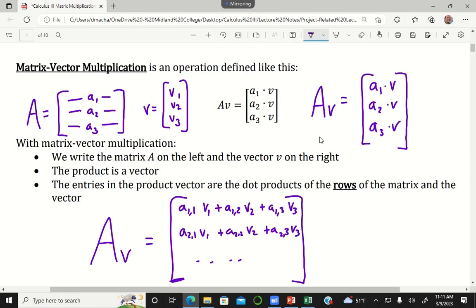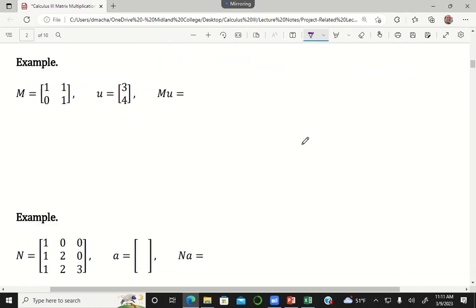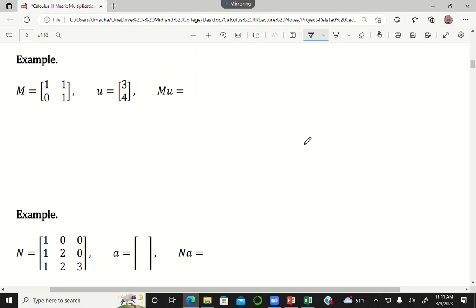This is probably easier if I just show you an example, rather than just trying to explain it to death.